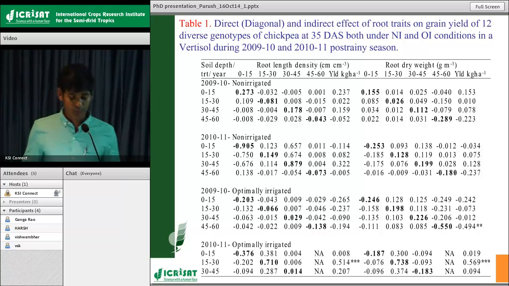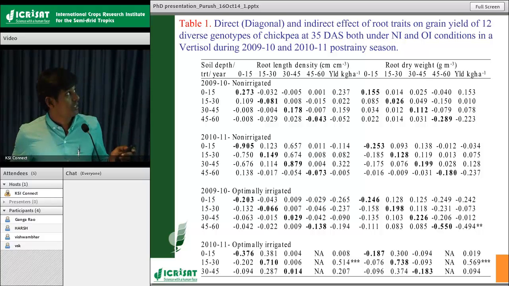Path coefficient analysis has the advantage of dissecting the correlation into direct and indirect effects. In this case, the embolded ones in diagonal manner are the direct effects of these traits, and the values under the yield are the correlation coefficients of yield and these particular traits respectively.